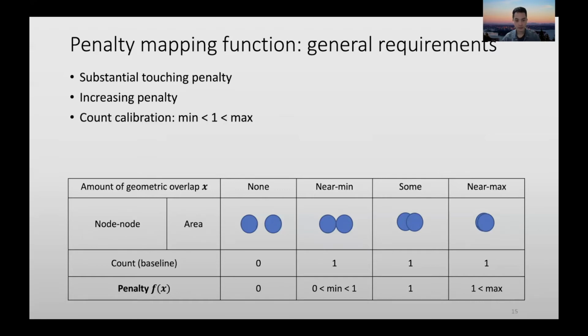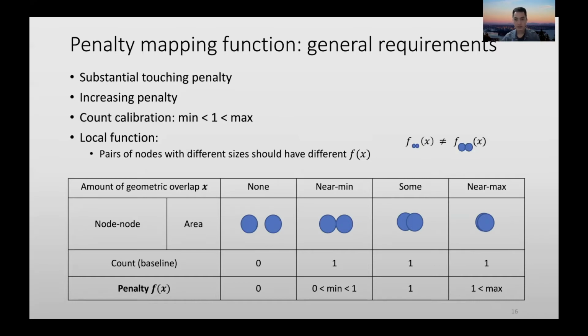We also want this penalty function to calibrate to the count-based metric, which means we want 1 to be between min and max, corresponding to the sum case. Finally, we want this function to be a local function, indicating that the pairs of nodes with different sizes should have different penalty functions.